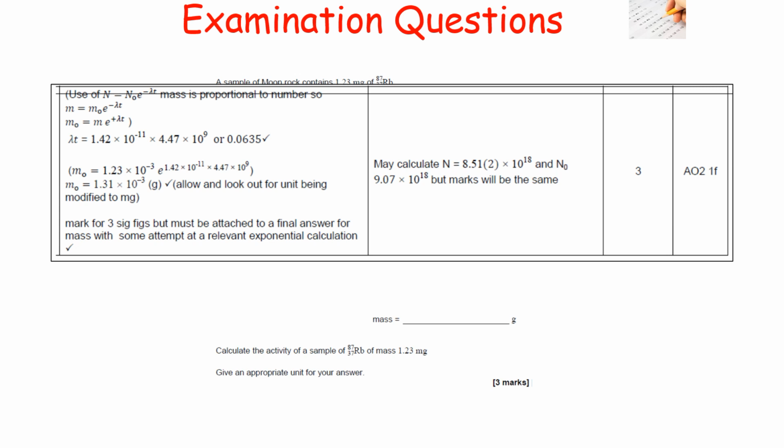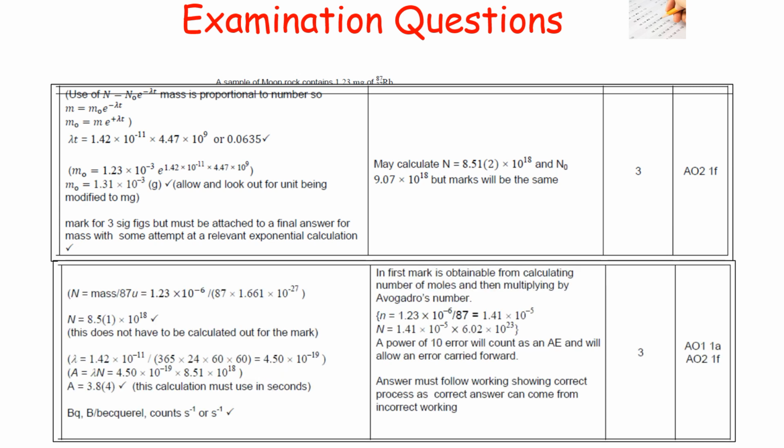So what you've got to remember is that we know that n is equal to 8.5 times 10 to the 18. You can think about where that comes from, because it's going to be the mass divided by 87u, since your mass is your value of n times 87u.